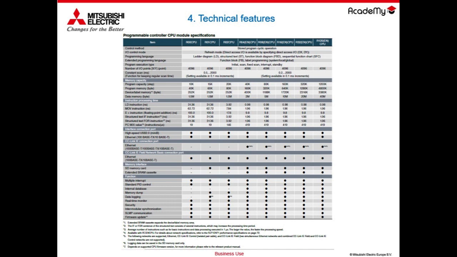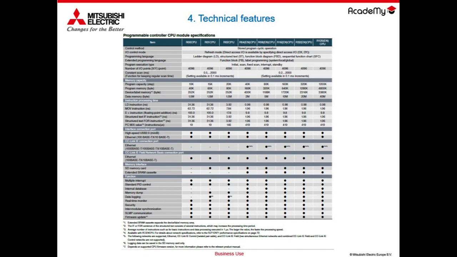One of the aspects in which they differ is precisely the capacity of the two memories. The first is dedicated to containing the program, so we will talk about the program memory, and the second is dedicated to containing the devices and the labels.